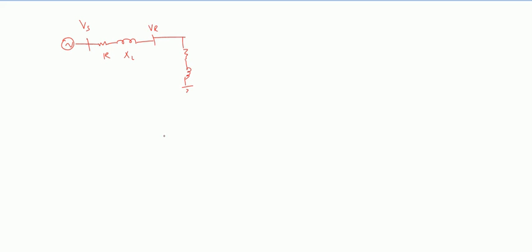So for the lagging load, what happens if you take the phasor diagram here? I can make this as IR, here VR and VS. Take the reference phasor as VR. As the current is lagging, I can take this current like this.